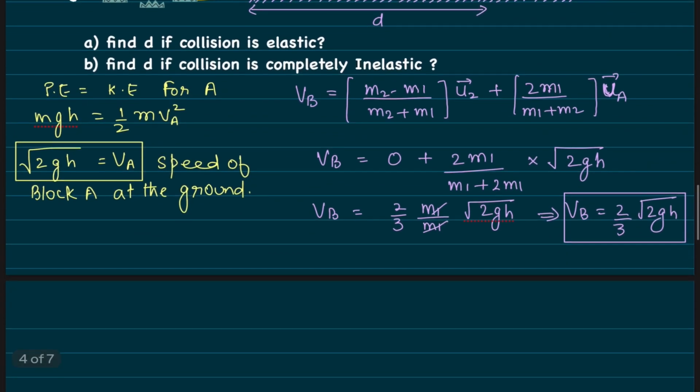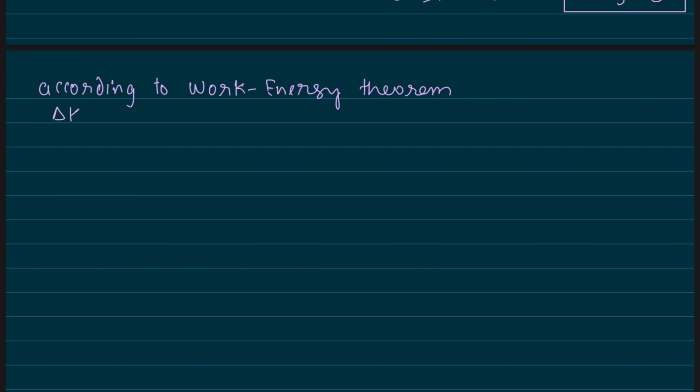So use the work energy theorem. According to the work energy theorem, change in kinetic energy is equal to the work done by all the forces, but here the only force acting on the block is the frictional force along the horizontal direction.